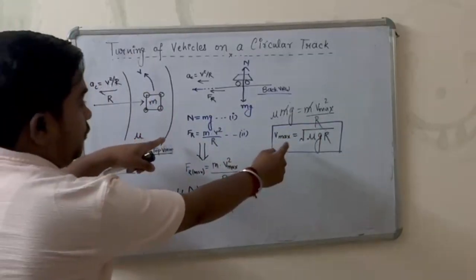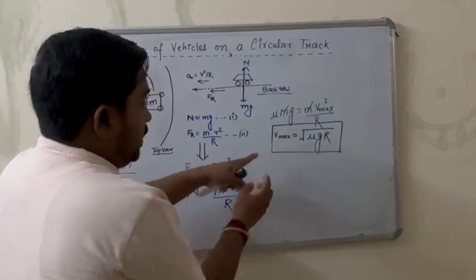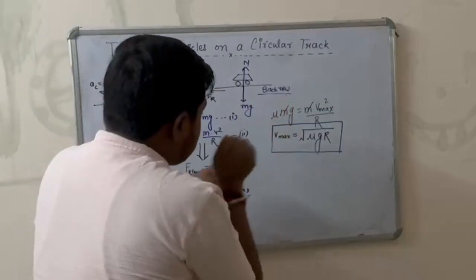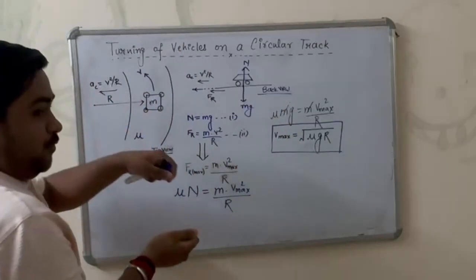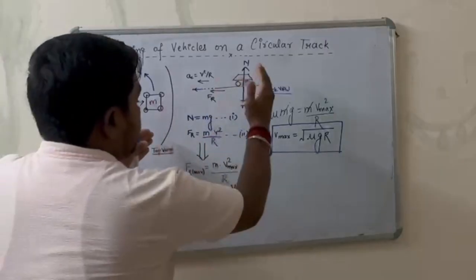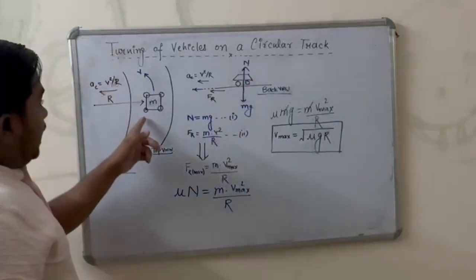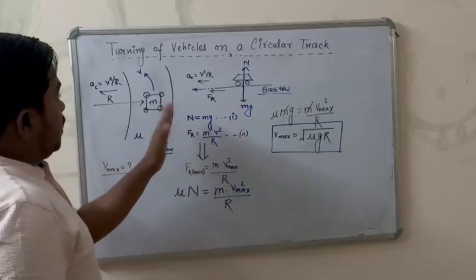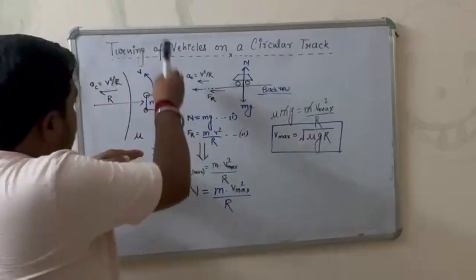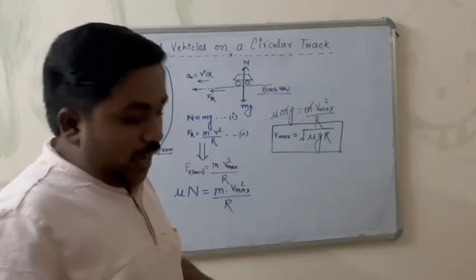If you take a turn, you will tend to move away from this circle because the radius will increase, and as soon as you move away, you will hit this boundary, and the case of accident will happen.